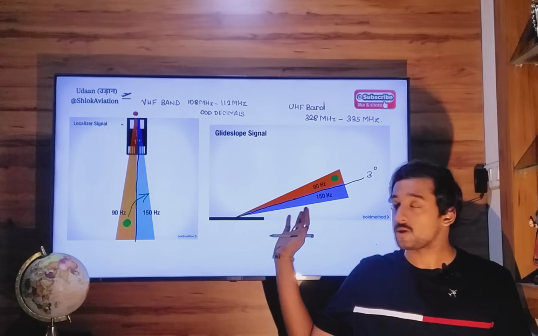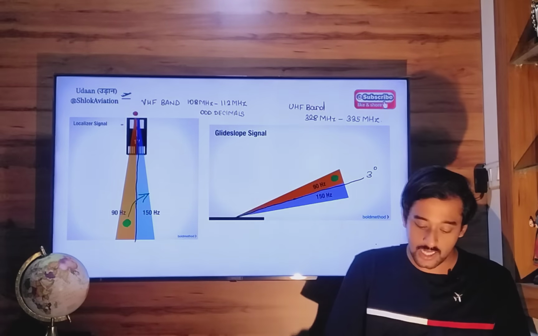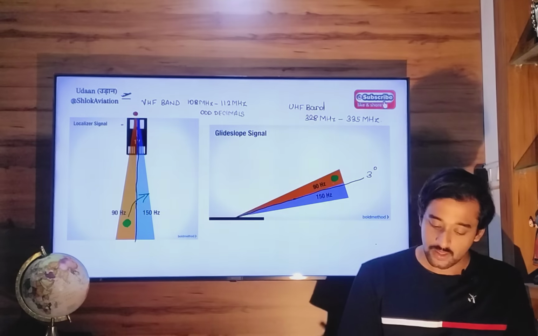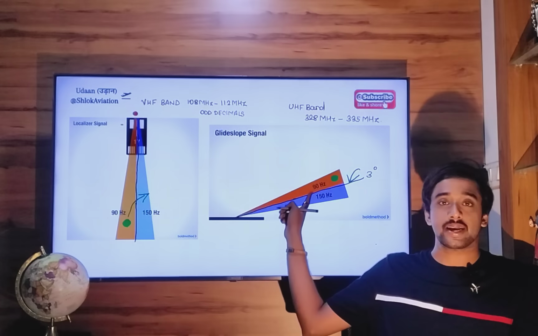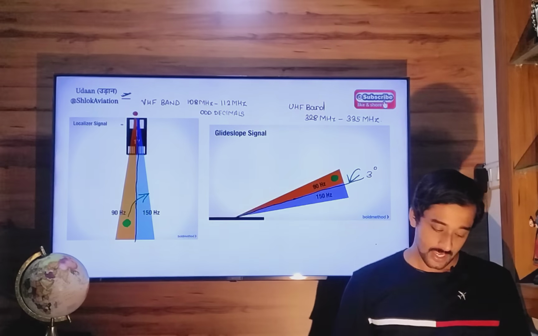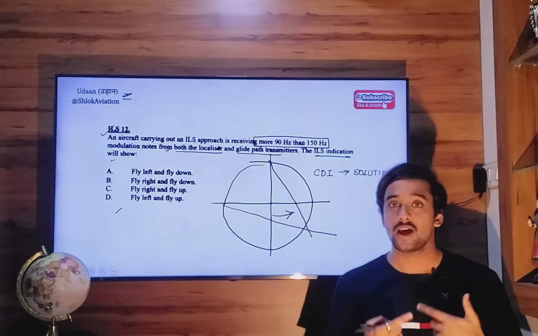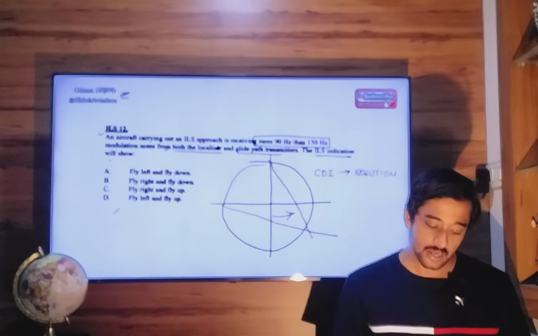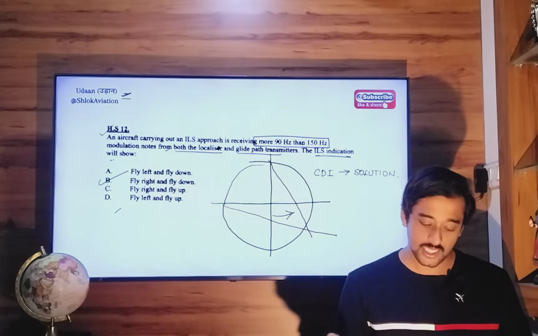Similarly for glide slope, you are above the glide slope, so the CDI indicator will ask you to fly down, because that's where the correct glide slope is. It's below you. So the correct answer is that the localizer needle will tell you to fly right, and the glide slope needle will tell you to fly down. So option Bravo is the right answer.